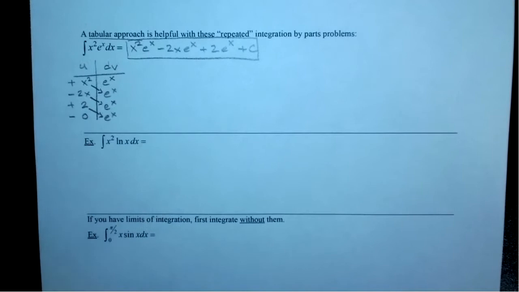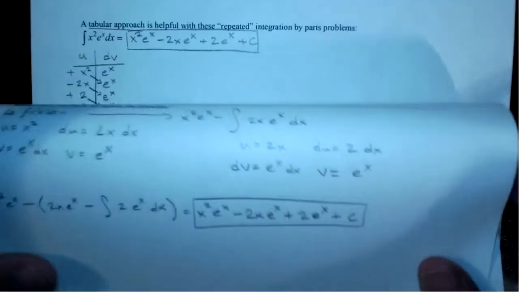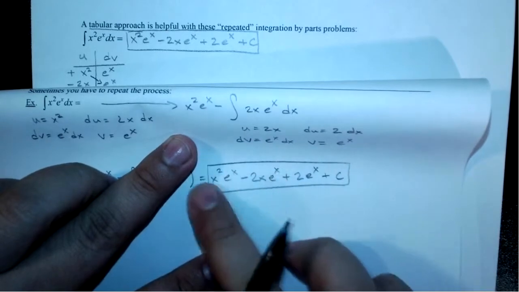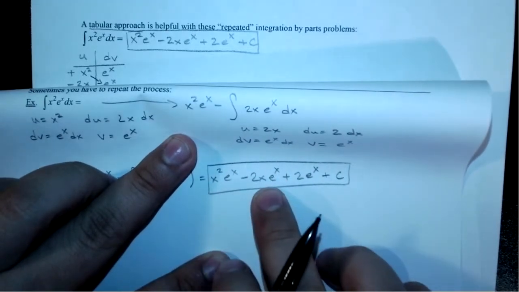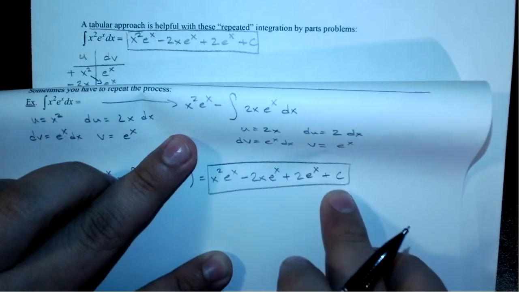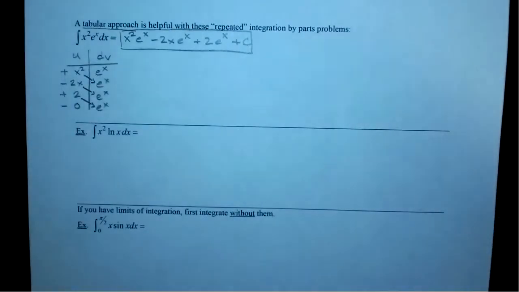Okay, and if we go back to what the answer was for the last problem, we see that our answer was, in fact, x squared times e to the x minus 2x e to the x plus 2 e to the x plus c. Okay, so you can do it this way, or you can do it this way.